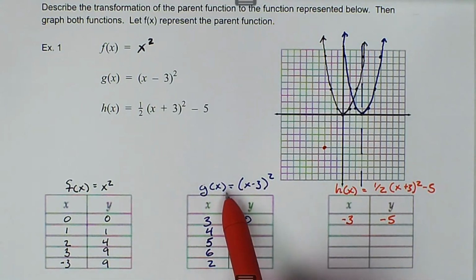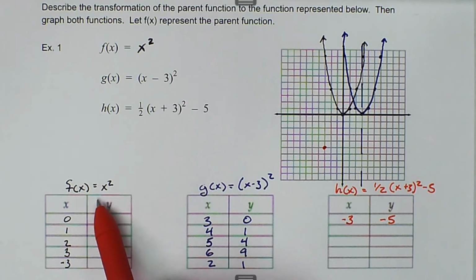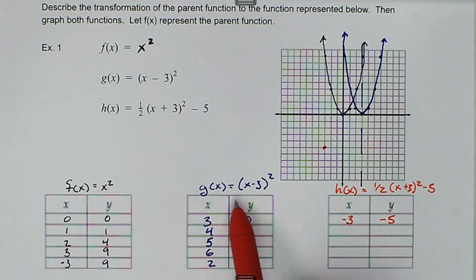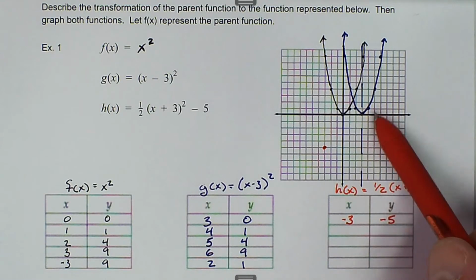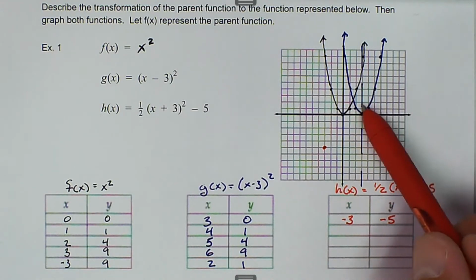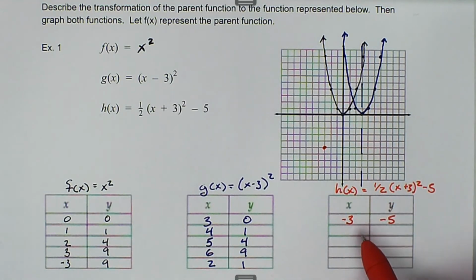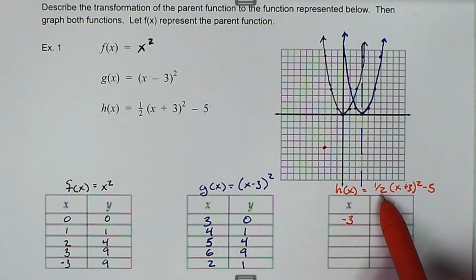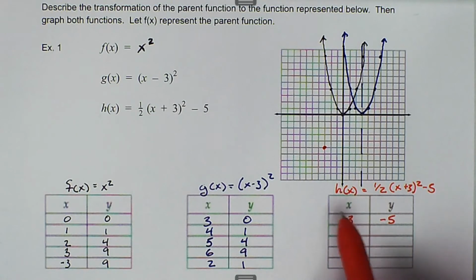Now, previously in the parent function, our scale factor was 1, so we didn't change it at all. In the function g, our a value, our scale factor, was also 1. So the parabola had the same shape. But now we look at this one and our a value is 1/2. So that means we're still going to keep our right and left going by 1.